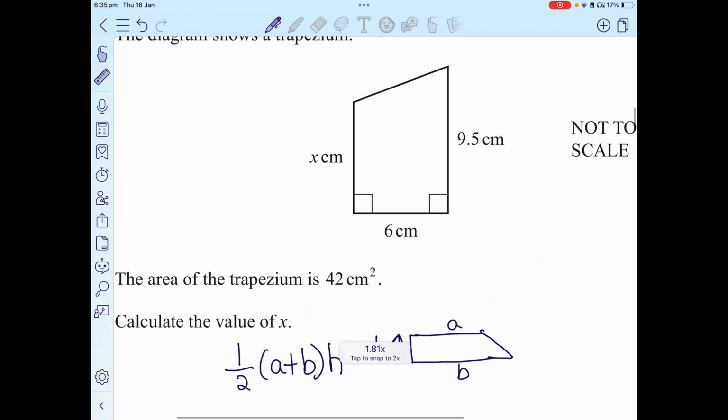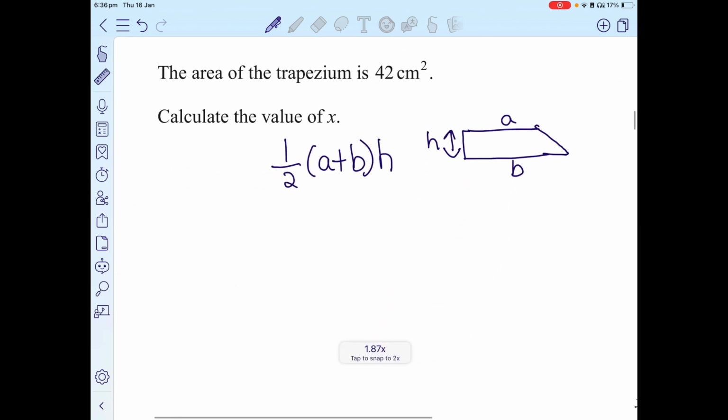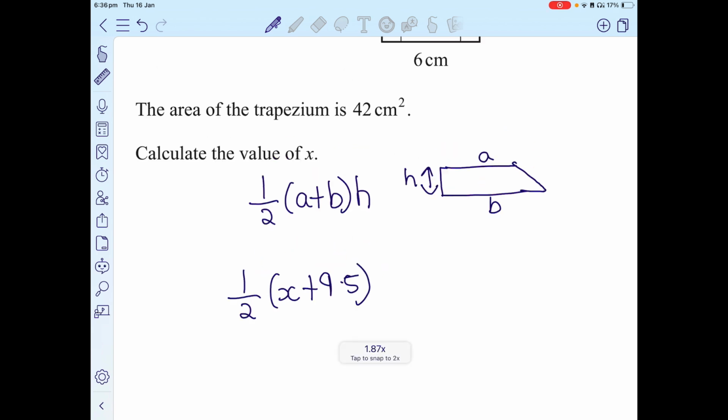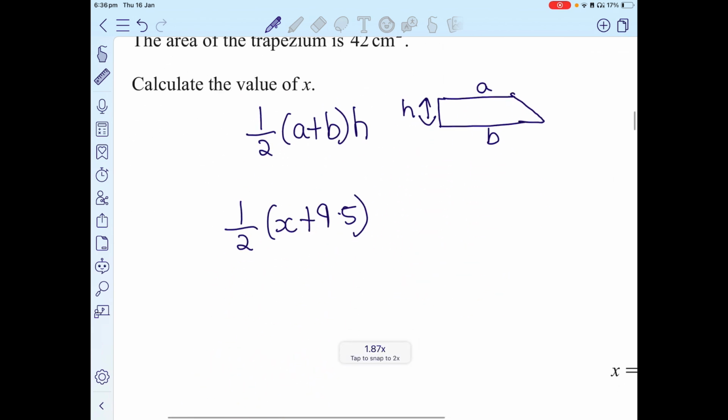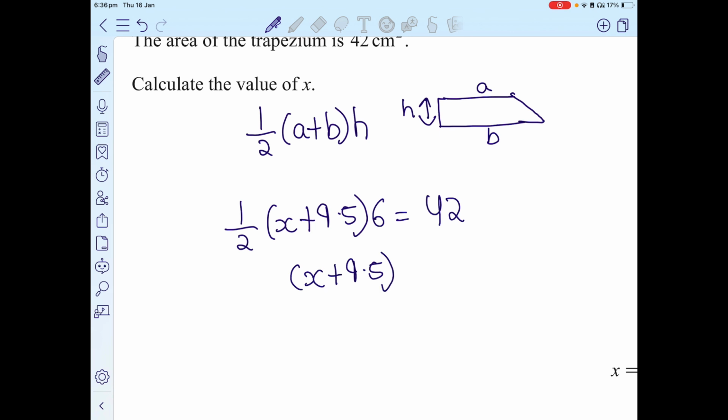So in this case, the trapezium has been rotated. So we can say that x plus 9.5 are the a and b values. So what you're going to say is half times (x plus 9.5) times the height. The height is 6, and this is equivalent to 42. So we can say that x plus 9.5, and half of 6 is going to be 3, is equivalent to 42.